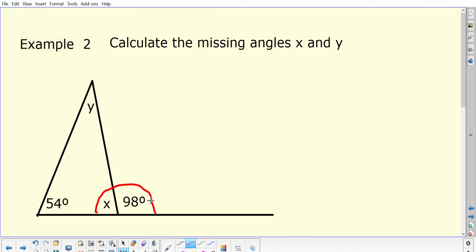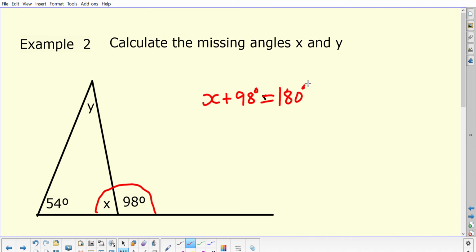If we just focus in on this bit of the diagram for the moment, ignore the y and the 54, just look at here, we can see we've got a straight angle going on here, which means that our x and our 98 are fitting together to make a straight angle. So that means they need to add up to 180 degrees.